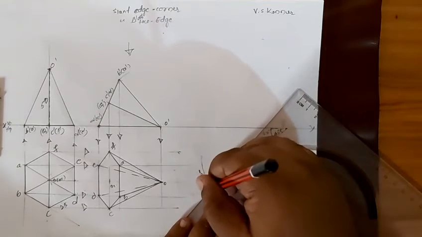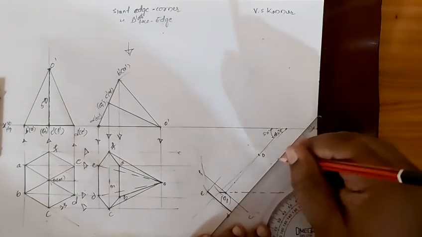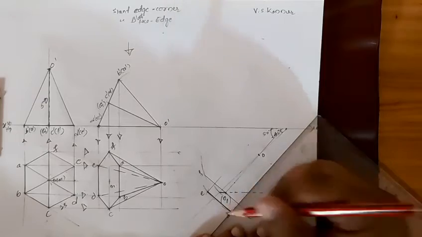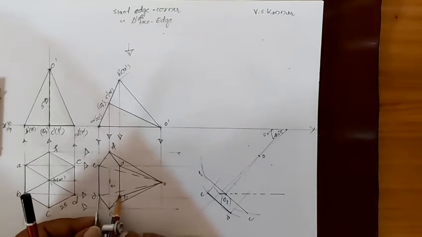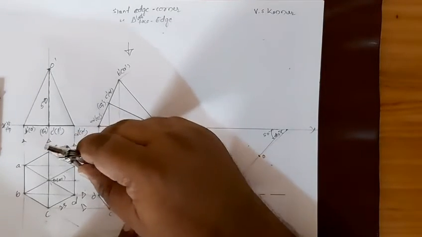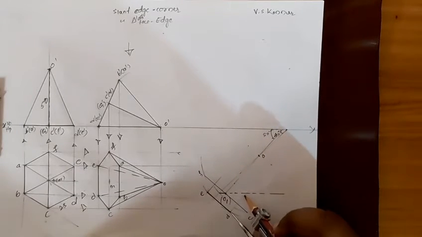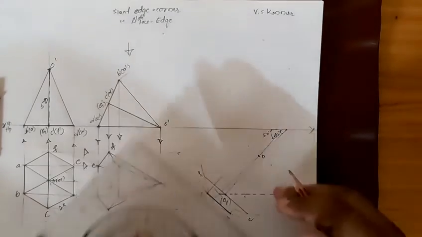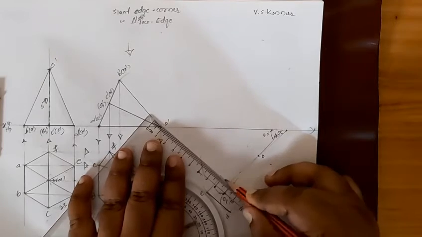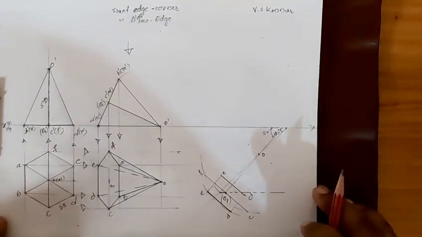A small distance I will extend, and we'll cut it by the dB distance. Right, this distance I will cut. Now we got this, D and E. We'll join all the points.